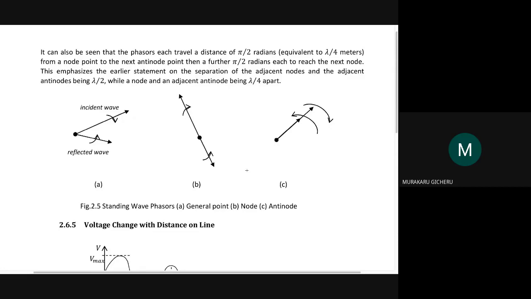So on each wave, it will take a quarter of lambda to go from B to C, to go from node to antinode. Is that understood?